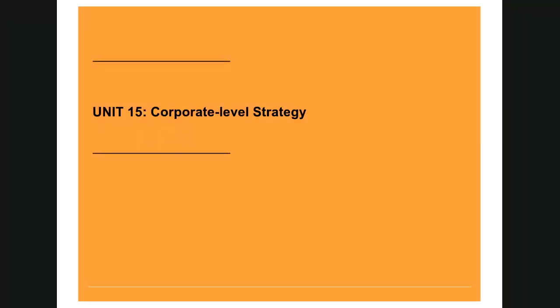In this week, in Unit 15, we are mainly talking about the corporate level strategy. I propose that there are different levels of strategy. On the top, there must be a supranational or global strategy. Under the global strategy, there is the national level strategy, such as a national innovation strategy.